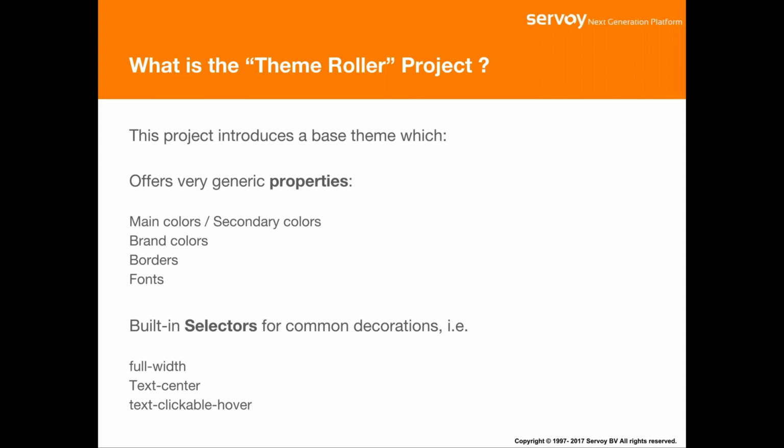So things like having main colors and secondary colors and a light version and a dark version of that, and what is your default border, etc. But also these built-in selectors that I showed you. So just being able to make something a clickable hover text, or just being able to say, I want this thing to be full width and centered. It's pretty simple to do in CSS, but why should you have to do that? You should just be able to stick these things on and go with it. So I think we'll be extending those as we go.